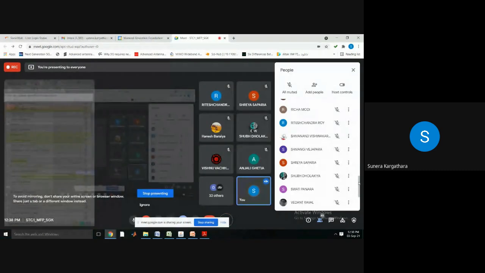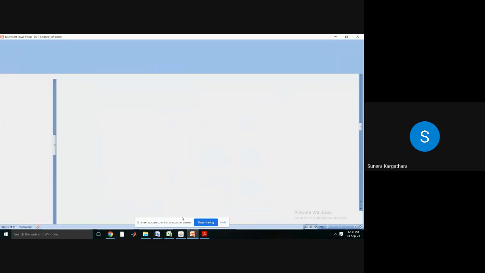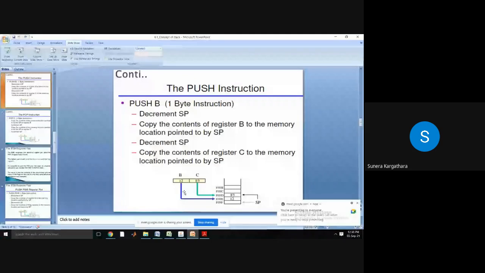Three processes can be considered while you are using the push instruction: decrement of your stack pointer, loading of your register pair onto the stack, and updation of your stack pointer. These three processes run in the background if you are using your push instruction. Make sure student, first the higher order register's data will be stored and then there will be loading of the lower order register.